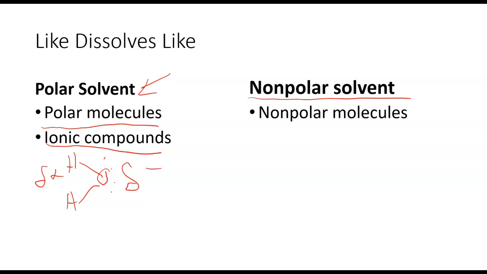Nonpolar solvents are covalently bonded. They're molecular compounds that are nonpolar. So this can be oil, gas. So you can think about things that won't mix with water. Because if you try and mix a nonpolar solvent and a polar solvent, that's when you create layers.